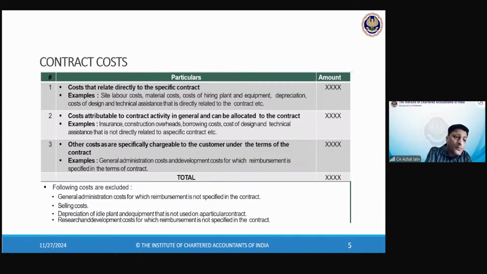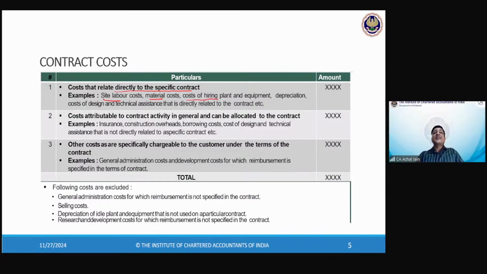Okay. Now, what are those costs? Costs that relate directly to the specific contract. For example, labor, material, then some equipment may be required for the construction. When you see a road or building getting constructed, there are some machineries and equipment that are used. Yes or no? Sometimes you may go and take them on rent, so their rental will be added.